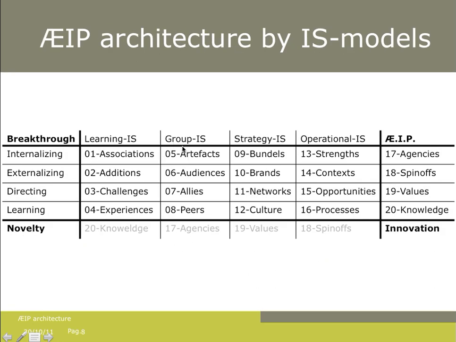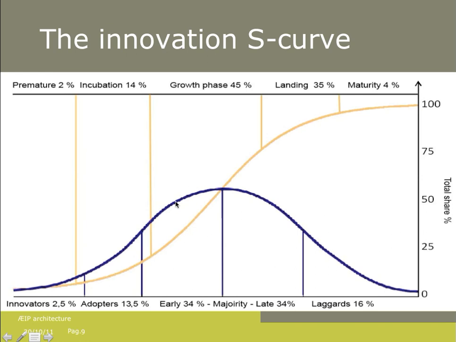So it's groups, it's not just customers. Customers are the audience, but the artifact's going to be part of the group too, and allies and peers. So it's a little bit adapted, but this is basically what we're trying to see, that there should be a normal distribution of actors you're trying to get in, and this kind of makes your S curve become active.